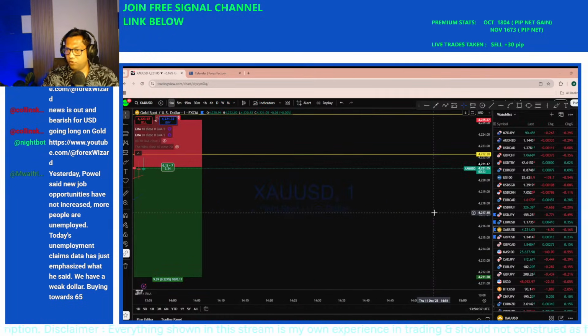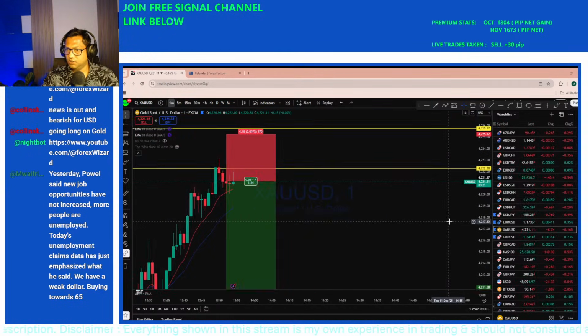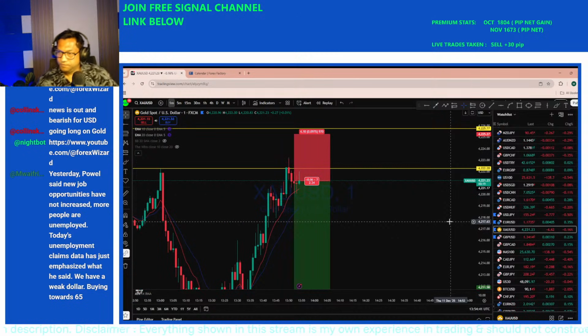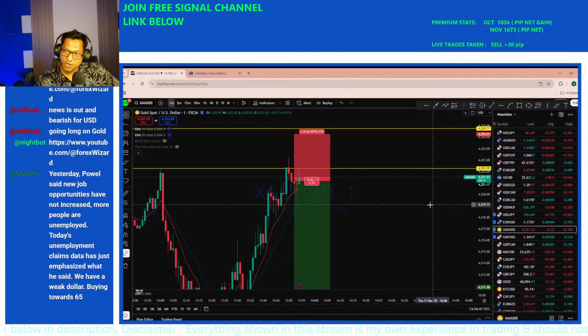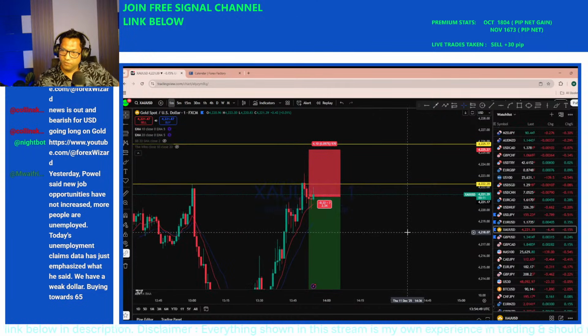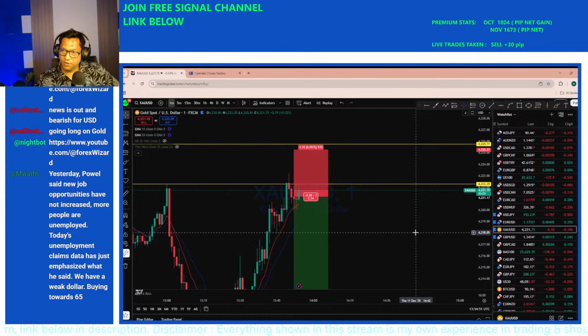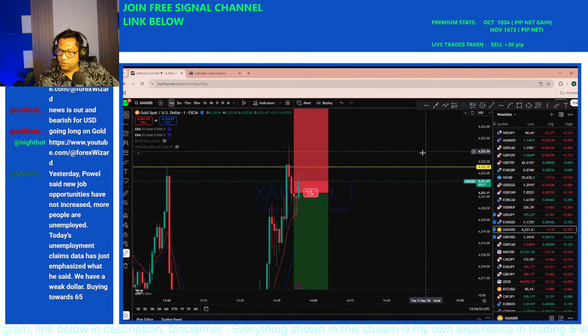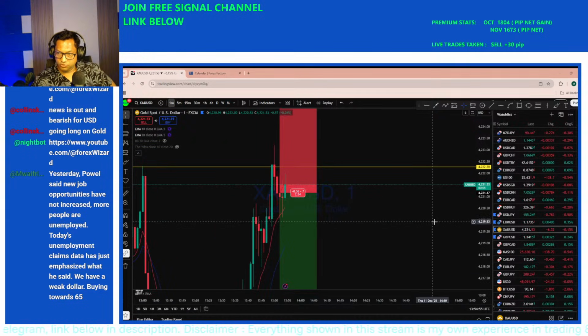So you open from a resistance. The reason I put a very tight stop loss is because if the market breaks above and a candle closes above, I do not want to run this trade anymore.